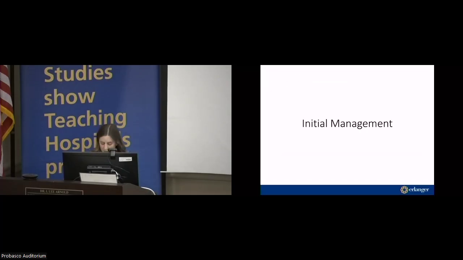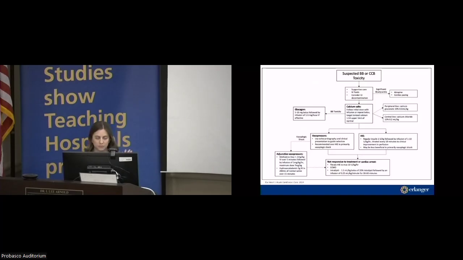So for initial management, I have what the European guideline looks like versus what AHA looks like. This is the European guidelines, step by step for how to treat. The big differences versus the AHA guidelines are that there's no GI decontamination listed in the AHA guidelines, and we're going to talk about it later.